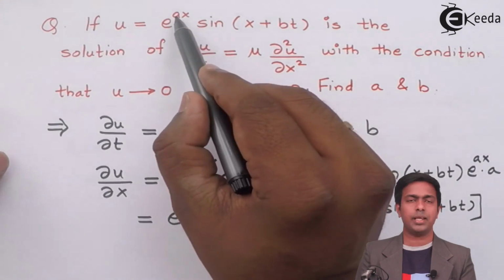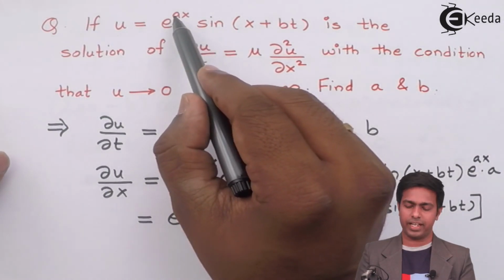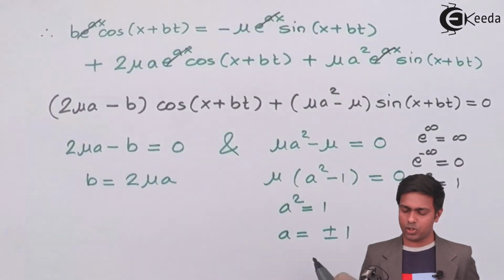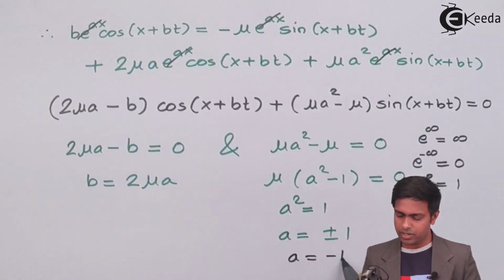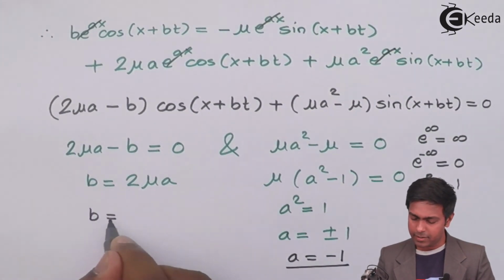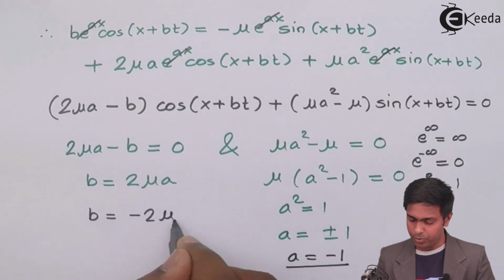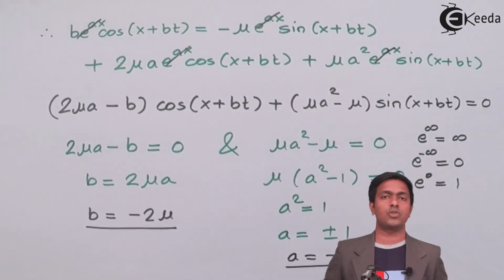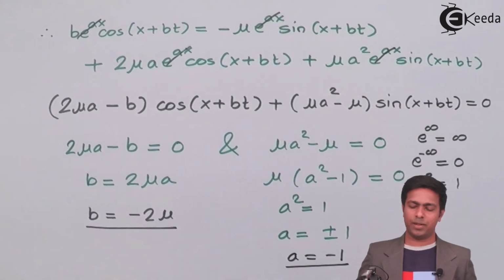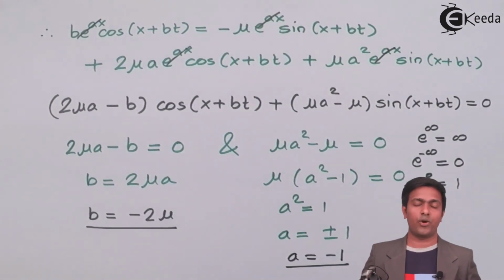So it means this a must be minus 1. So if a is minus 1, we will get negative infinity and we will get answer as 0. So we will assume a as minus 1. So if a is minus 1, then we will say b is negative 2 mu. And guys, these are the values of a and b. So here we got the value of a and b, and I am sure that you understood how I got the value of a and b.